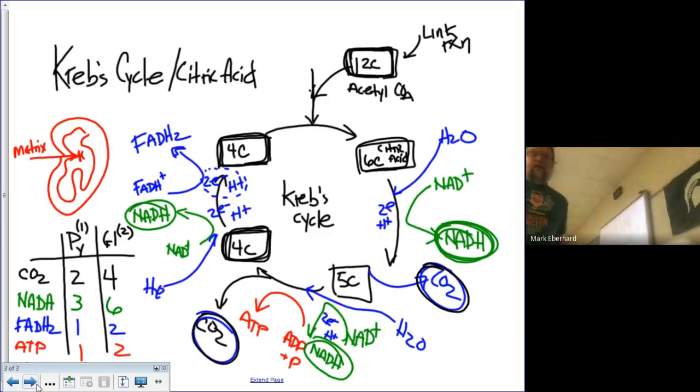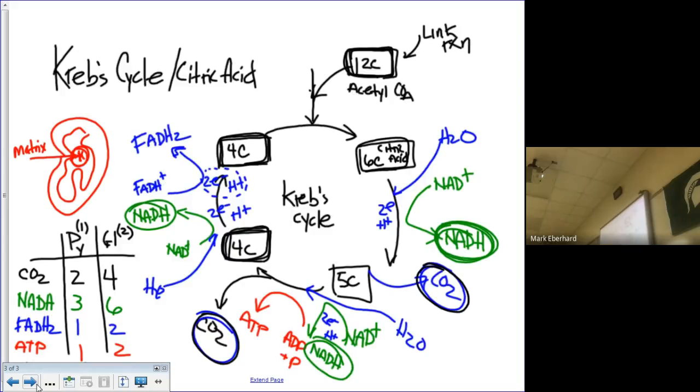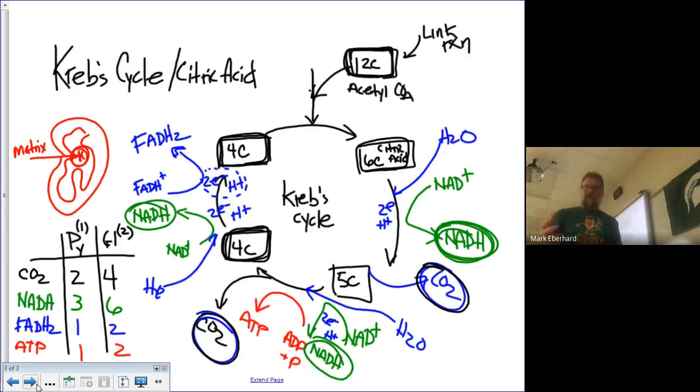Just to remind you, for the Krebs cycle, the citric acid cycle, we're right here in the matrix. We're in the center of the mitochondria. Really what the Krebs cycle is doing is a whole series of redox reactions. We're oxidizing, reducing, oxidizing, reducing, oxidizing, reducing.